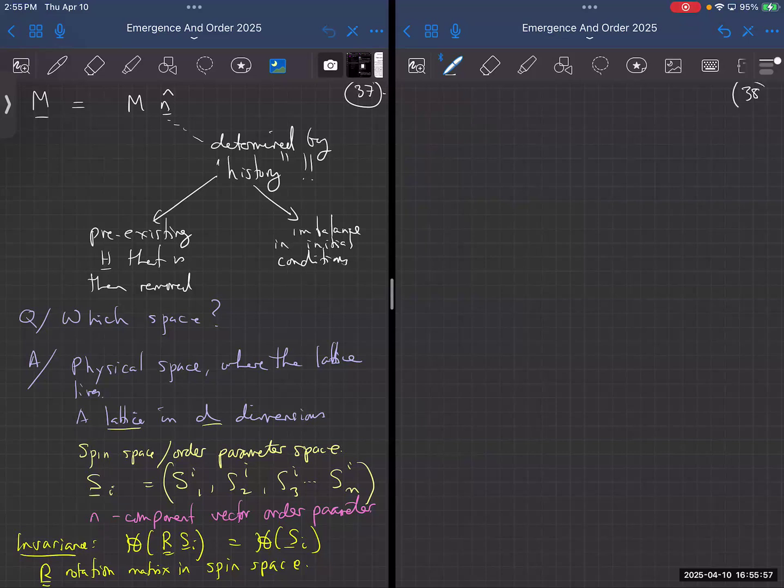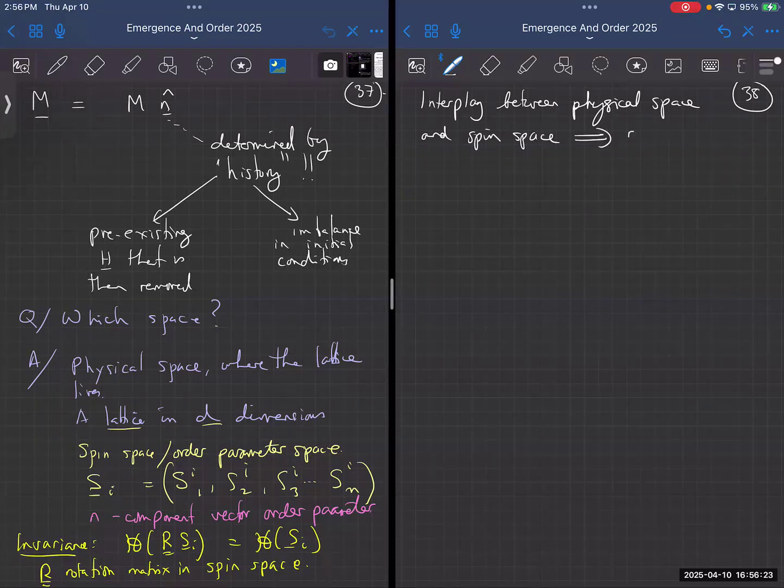Now, this matters because the interplay between physical space and spin space, or order parameter space, that's the thing that gives you the richness of physical effects.